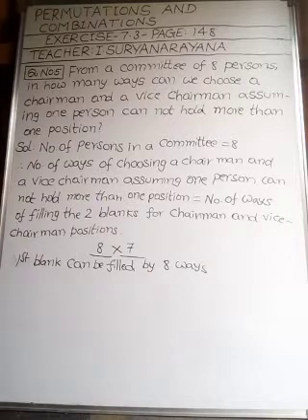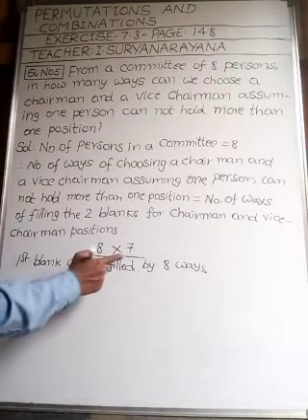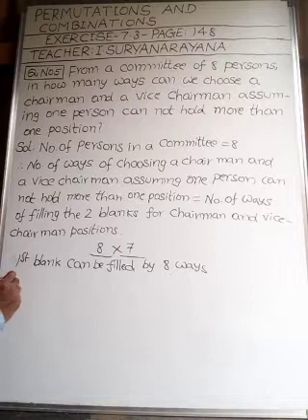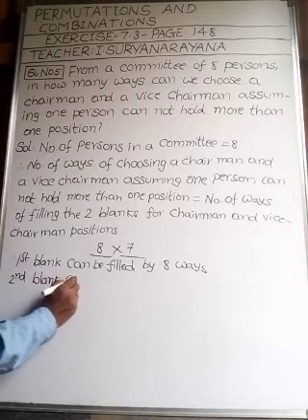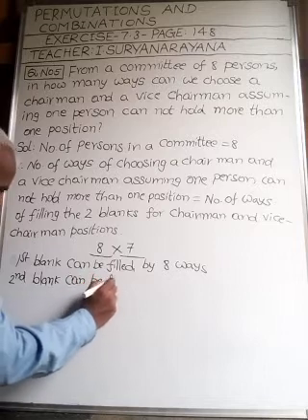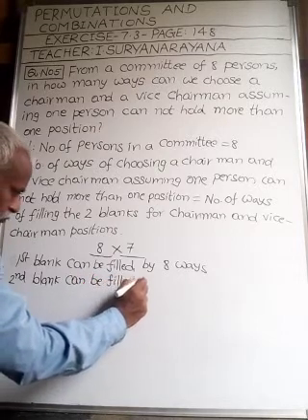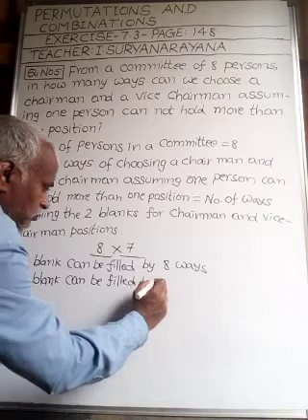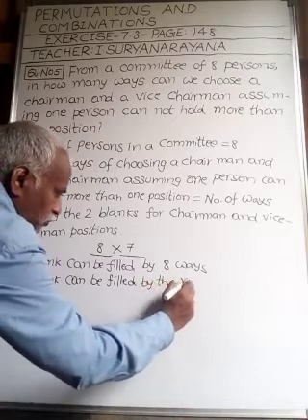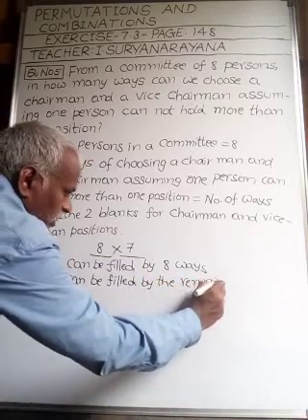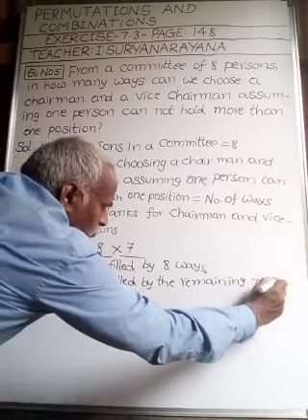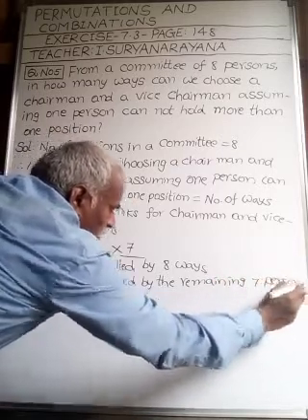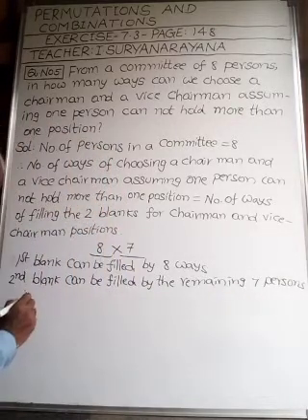And the second blank can be filled by the remaining 7 persons in 7 ways.